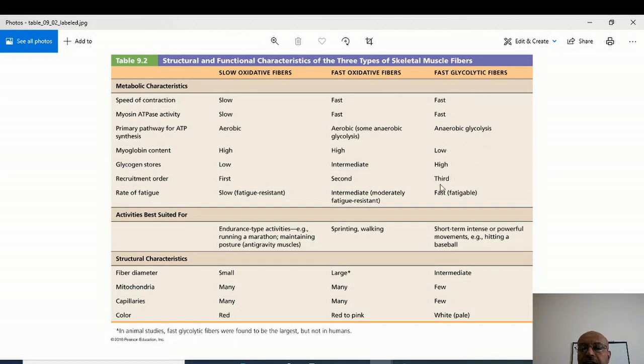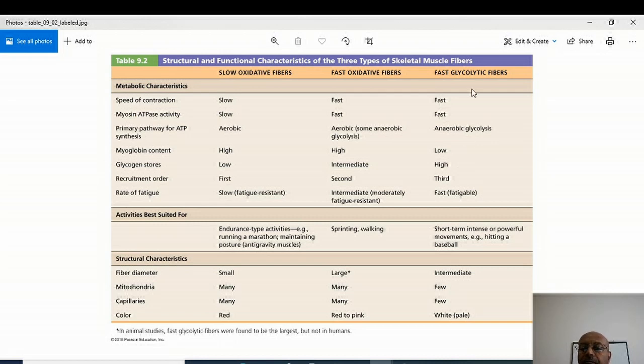The second type is the opposite one, fast glycolytic. This contracts quickly, but it produces ATP by the glycolytic method. So the people who have this quickly get fatigued, but they can quickly produce high power. For example, weightlifters or sprinters who run only 100 meters.